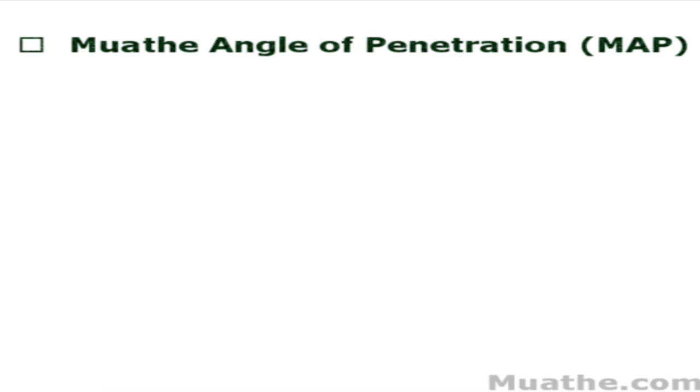Now let's talk about the Muathe angle of penetration, or what I call the MAP. All this refers to is, if you take a look at a stock's trading history, you find that at the highest point of its accelerated move higher, there will always be a consistency in the angle of the slope of the RSI.